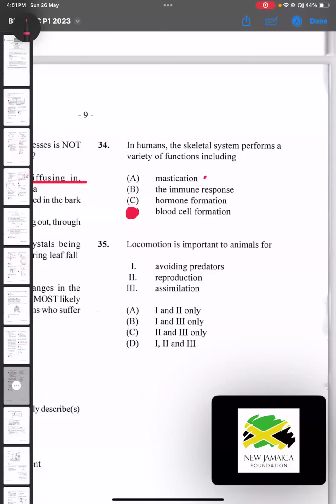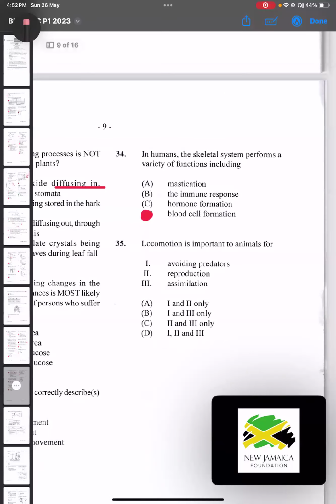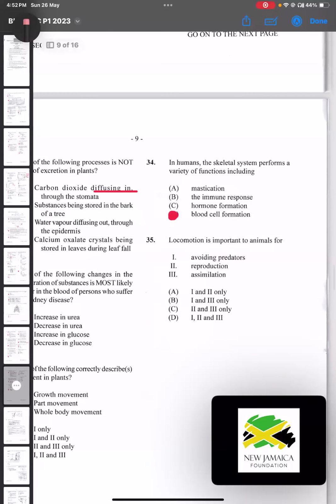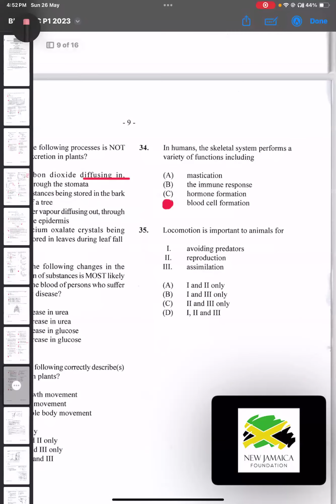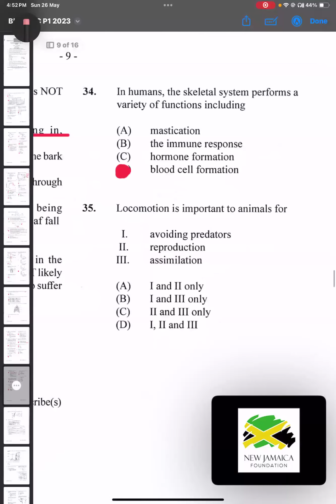We know it cannot be mastication. That has to do with digestion and the mouth and all of those things. Immune response, that is your blood. And hormone formation, that is formed in the areas that the hormones are released from or by the pituitary gland. So none of those can be the answer. So it's blood cell formation. You know that your blood cells are formed in the bone marrow of the long bones in your body. So that is why we consider blood cell formation.